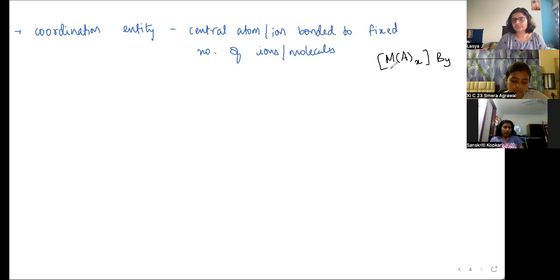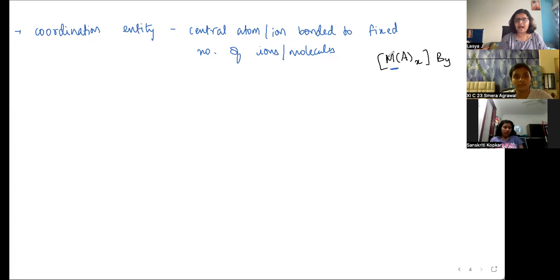This part, the part bonded to a fixed number of atoms, molecules or ions, is called the coordination entity. M, the metal atom, is the central atom.